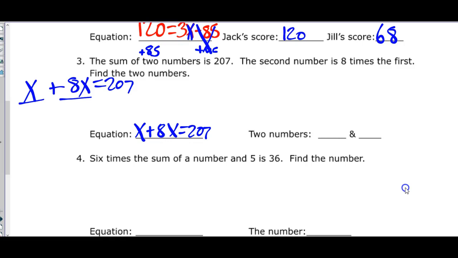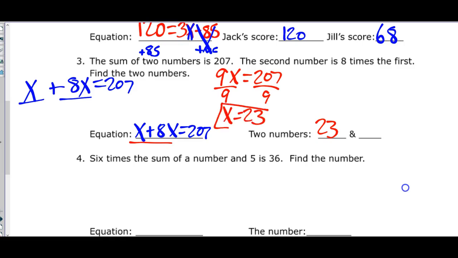To solve it, I'm going to combine like terms on the left. x and 8x is 9x equals 207, and then just divide by 9. 207 divided by 9 is 23. That's the first number, x equals 23. The second number is 8 times the first. So if I take 23 times 8, I get 184.